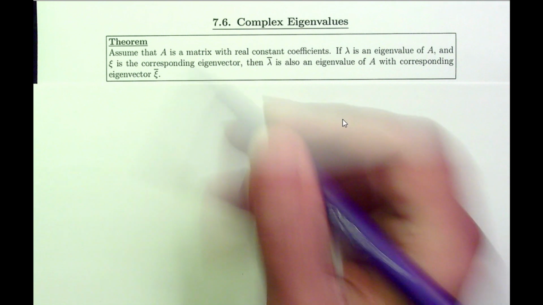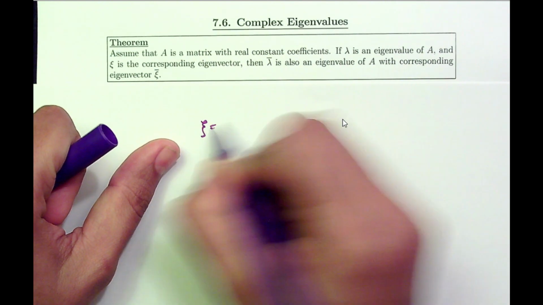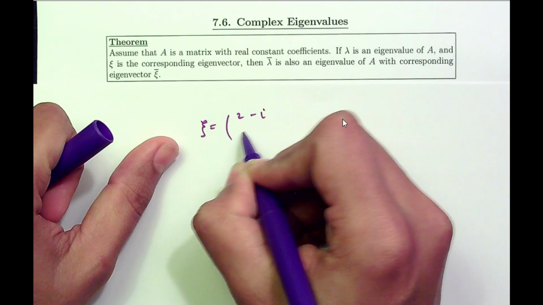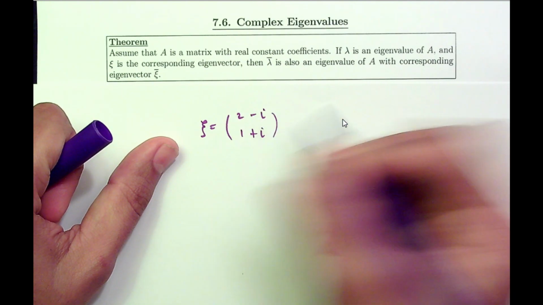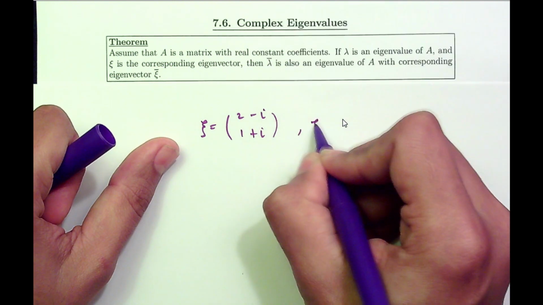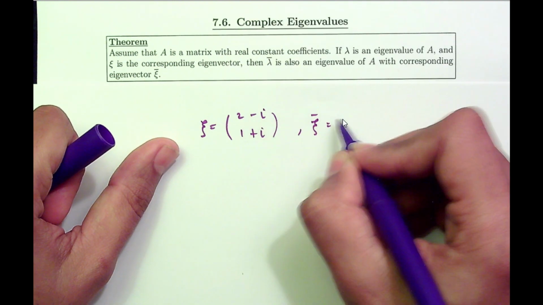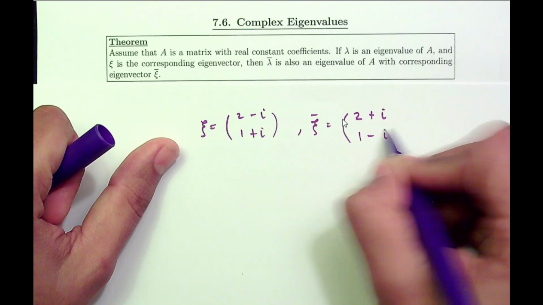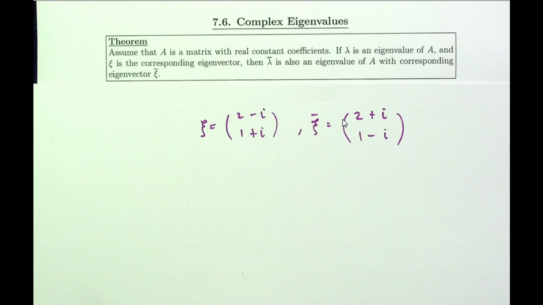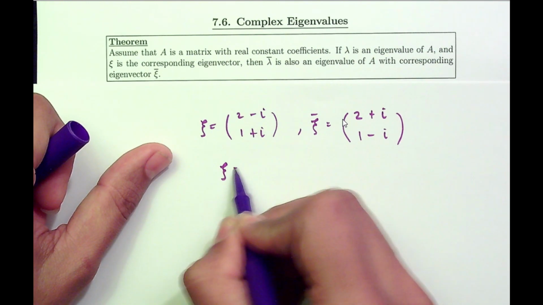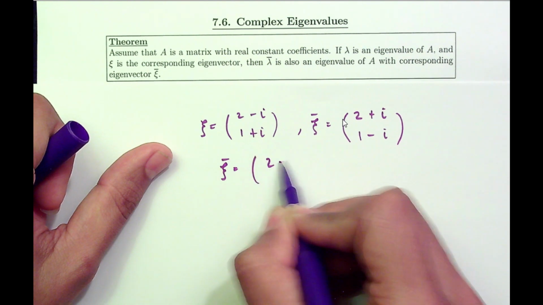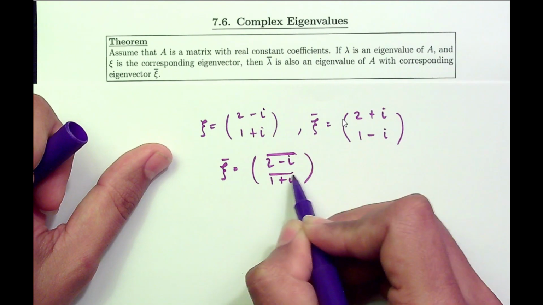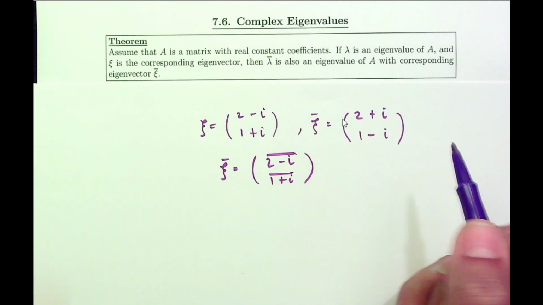For example, if psi was 2 minus i and 1 plus i, then psi bar would be 2 plus i and 1 minus i. You take the complex conjugate of both.